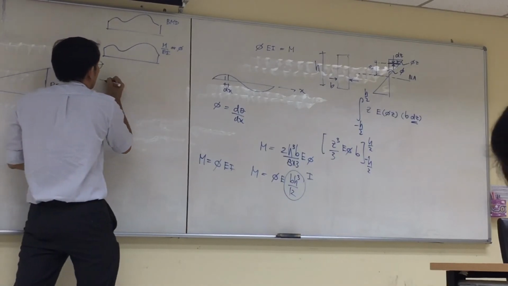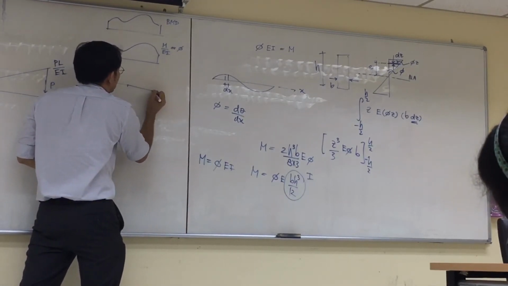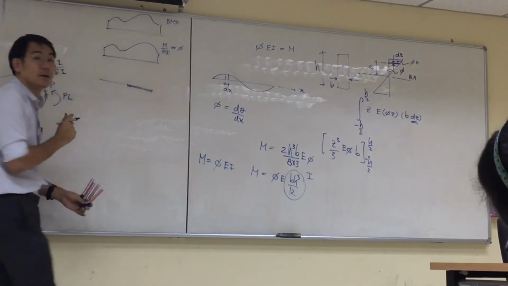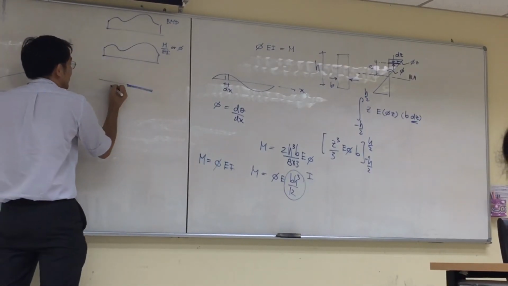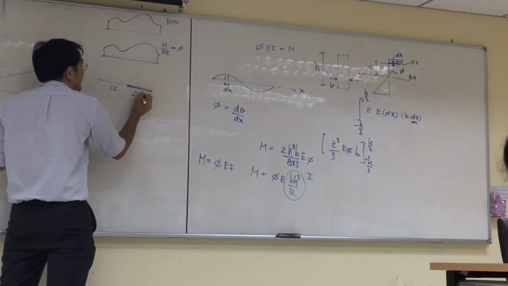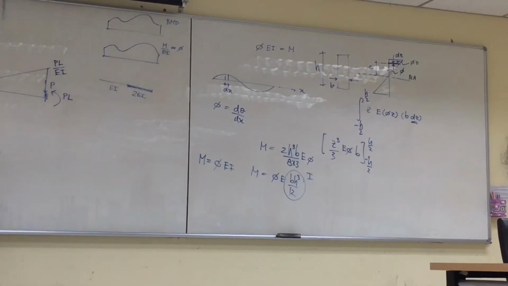However, if you are talking about a beam that has, maybe this is 1 EI and this is 2 EI, so one part of the beam is more rigid than another part.